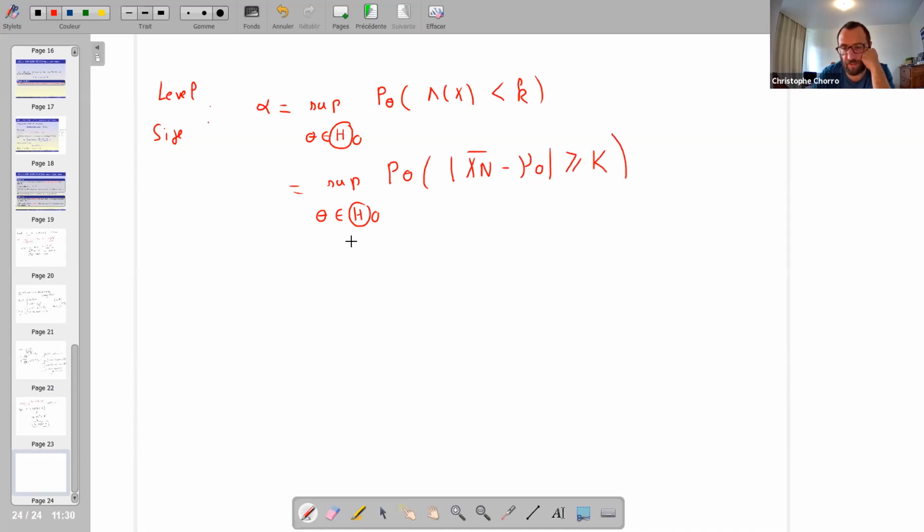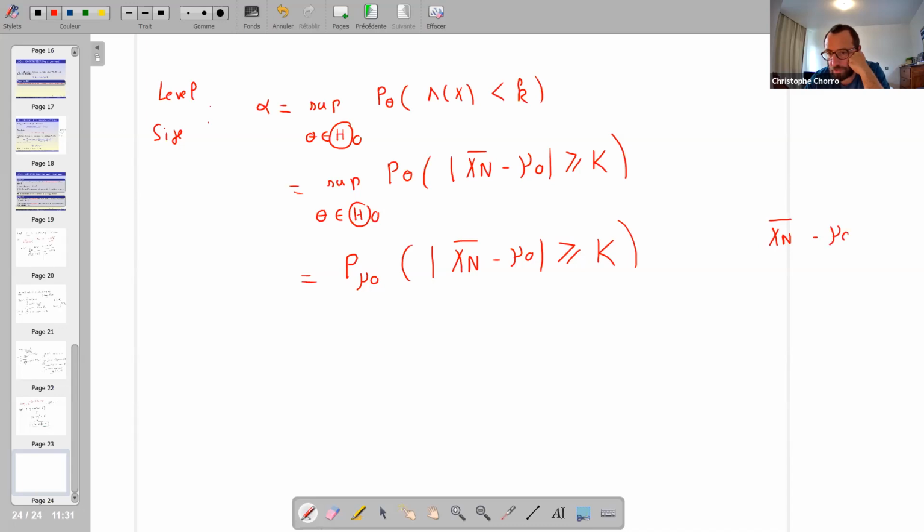Okay, and here in my theta 0, I have a single point. So my level here is simply the probability for mu 0 that the absolute value of xn overline minus mu 0 is greater than k. And I keep in mind that, once again, xn overline minus mu 0 over sigma over the square root of n, under h0, fulfills N(0,1).